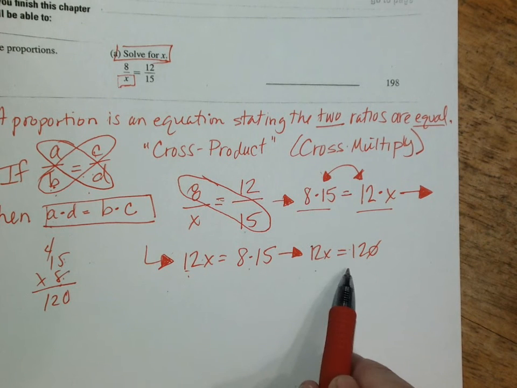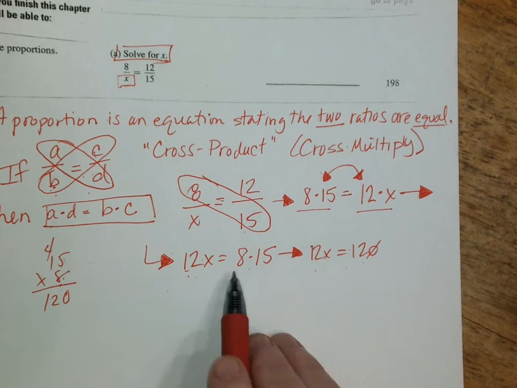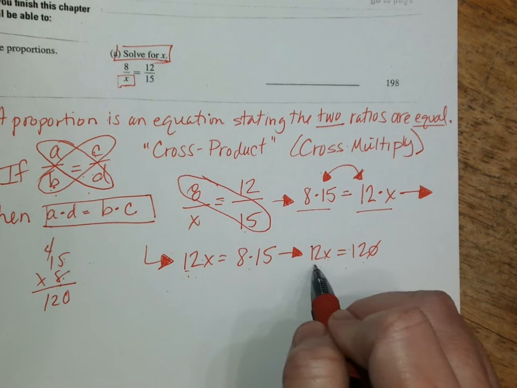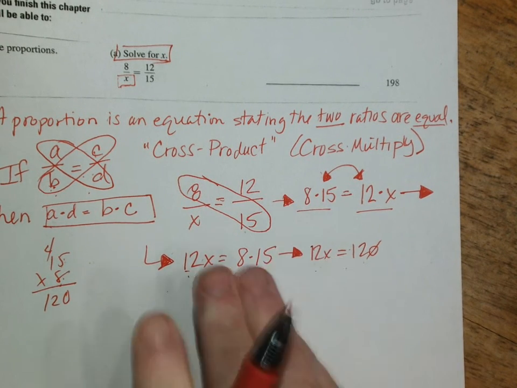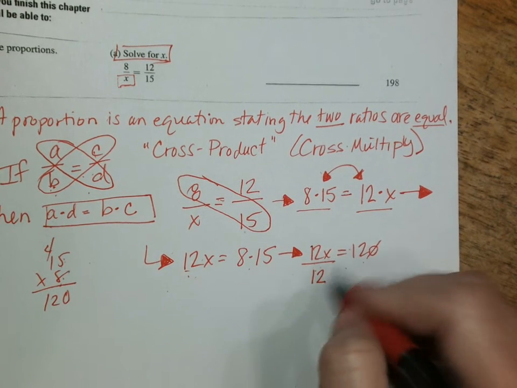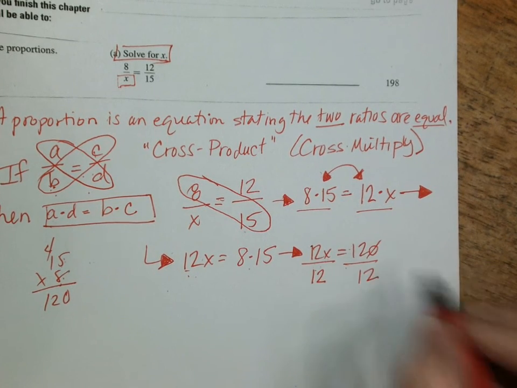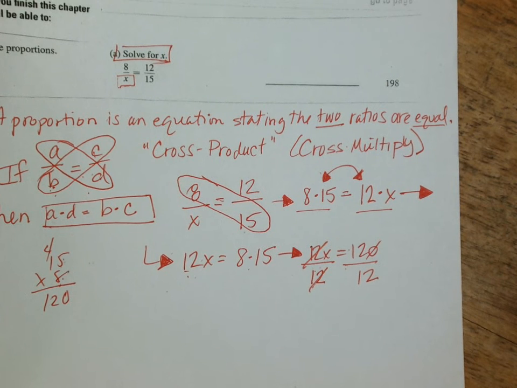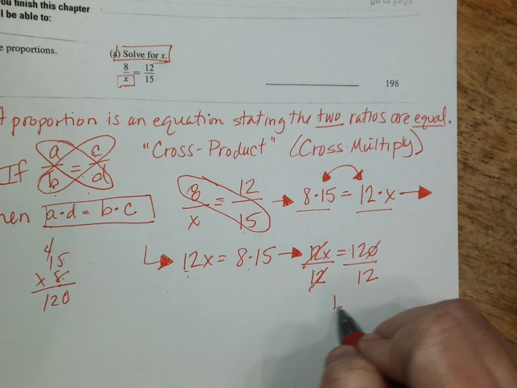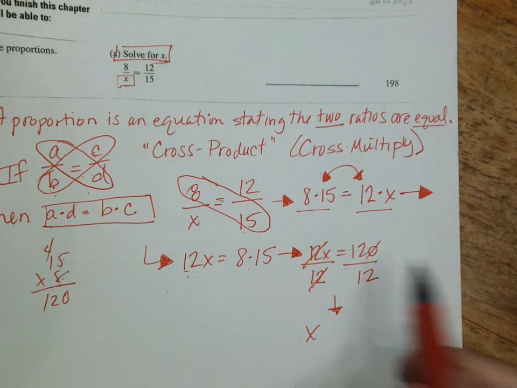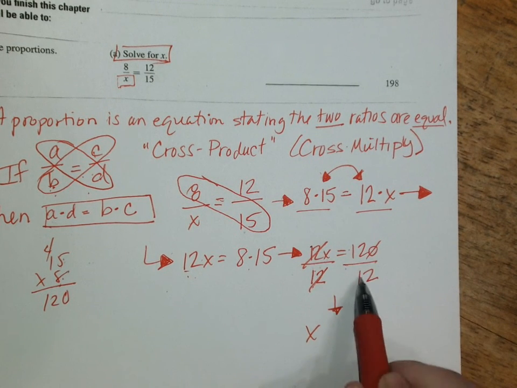So now that we're here, we need to get that x by itself. So since we're multiplying the 12 times the x, in order to get rid of it, we're going to divide by 12. If we divide one side by 12, we have to divide the other side by 12. So over here, the 12s cancel out. So you're just left with x. We're going to bring that down. Okay, x right there. And then 120 divided by 12.